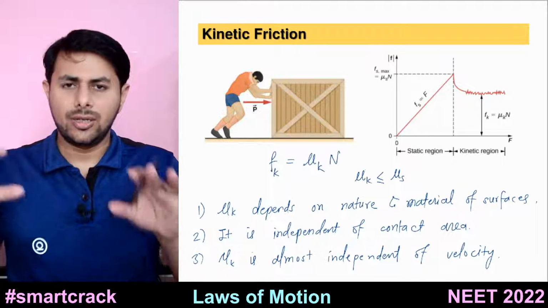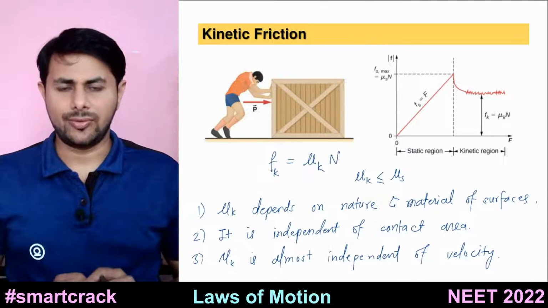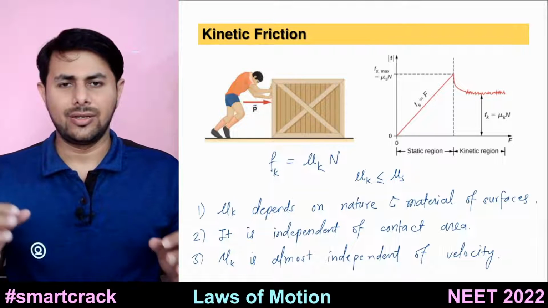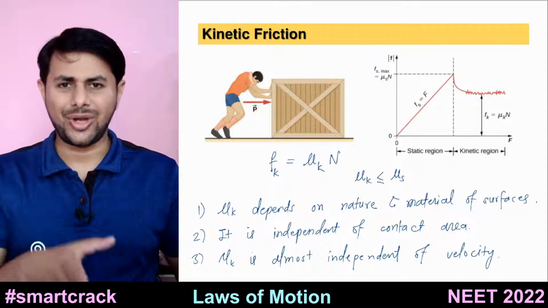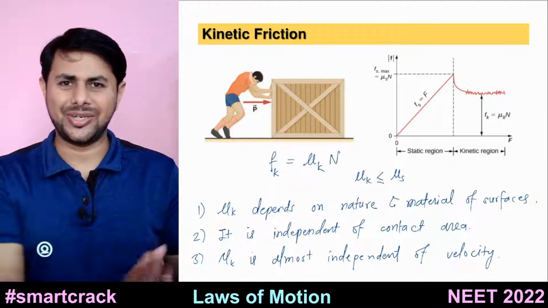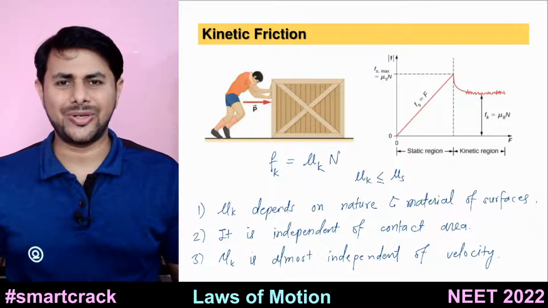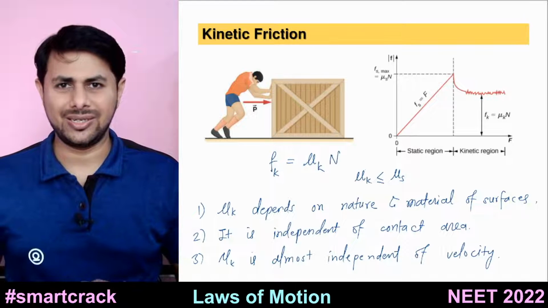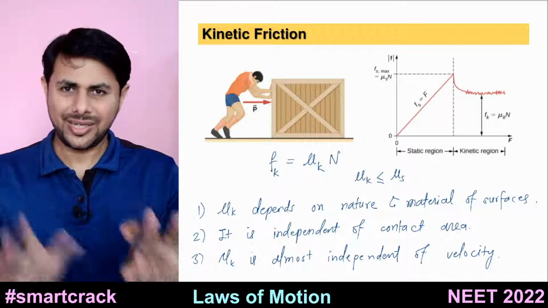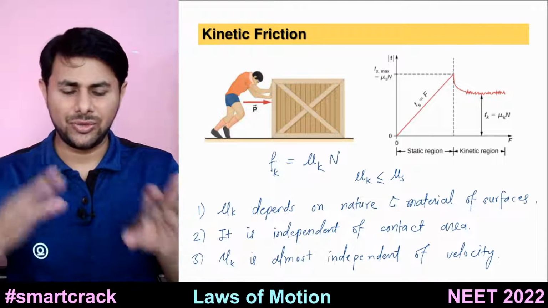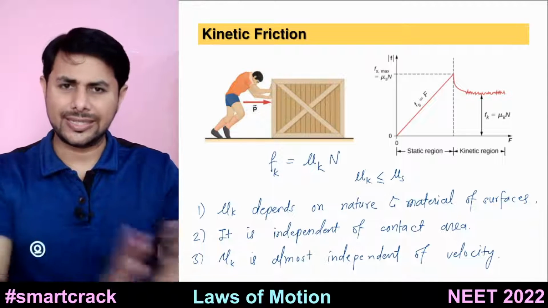So now, once you move that block, what happens? Now, if you stop exerting some force, the block will stop moving after covering some distance. It happens because there is still some friction, okay, but it is lesser compared to the initial case. So the initial case is when block is at rest, you need more force to set that block in motion.